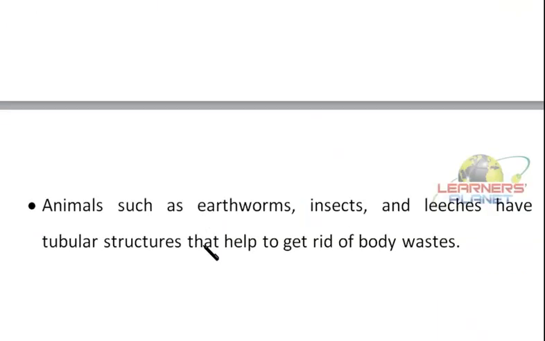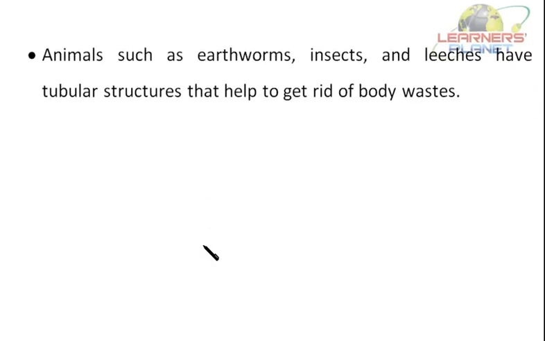Also, animals such as earthworms, insects, and leeches have tubular structures that help to get rid of the body wastes. So basically, like these animals get rid of the body waste through tubular structures, there are other animals which have a specialized excretory system through which the body wastes are released out. Or we can say that they get rid of the body waste through that specialized system.